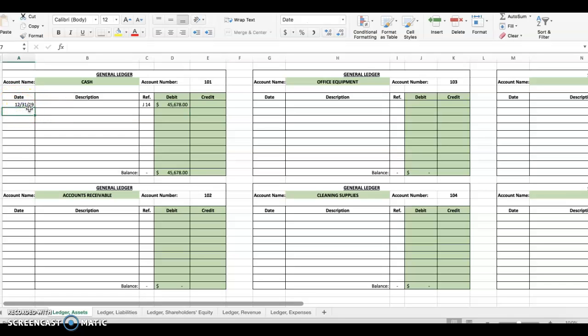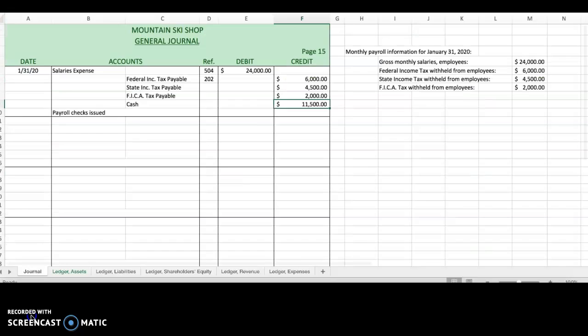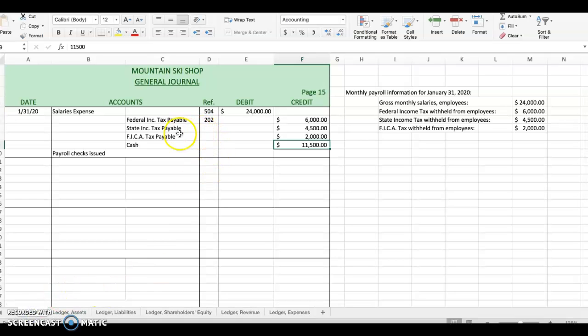So if we look at that from J15, the credit of 11.5 obviously reduces the balance in the cash account because we're paying money out, and we would do this every month. So that would be the process. And then once again, as I said earlier, if you understand how to journalize it, the posting is pretty simple.